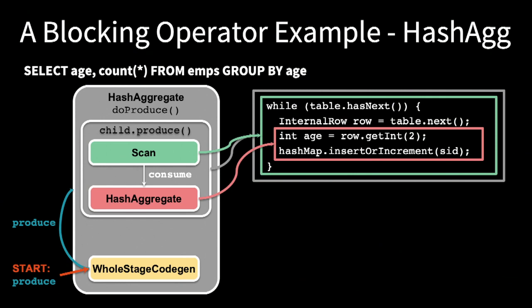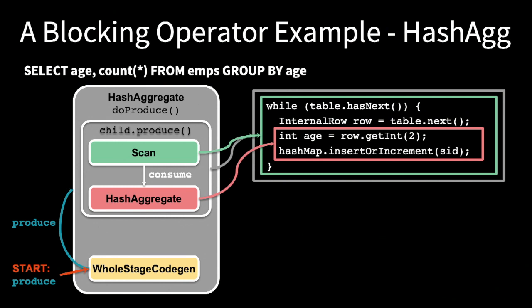This is a hash aggregate example. In this simple case, there are only two underlying physical operators in the whole stage codegen node, the scan and the hash aggregate. Again, the code generation starts from calling the produce method on the last node, which is the whole stage codegen node, which falls through to the produce method of the hash aggregate.